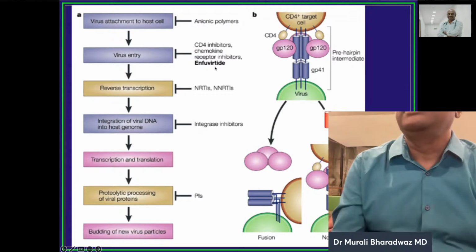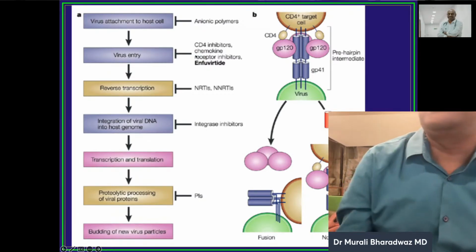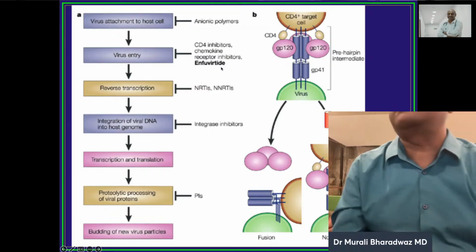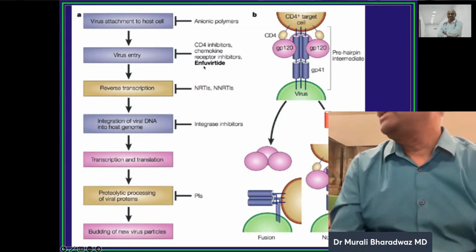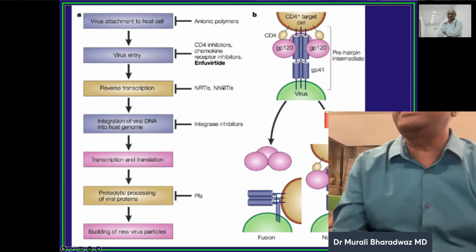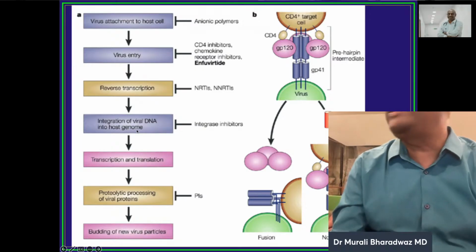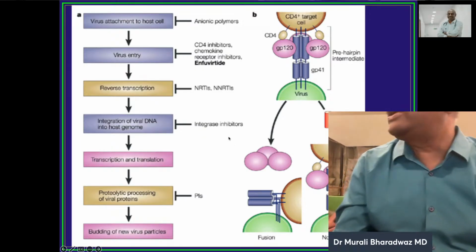So to summarize, doctor: CD4 inhibitors, chemokine receptor inhibitor, and enfuvirtide. So the virus will enter. Then it requires reverse transcription, and NRTIs will prevent that. Then it requires integration of the viral DNA into the host genome; integrase inhibitors will inhibit that.